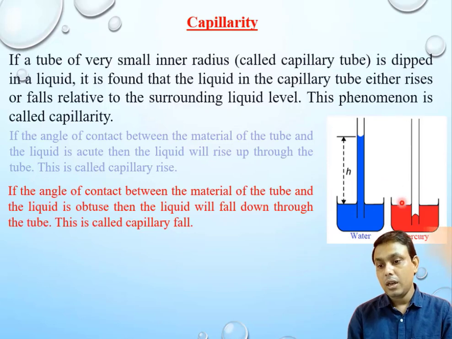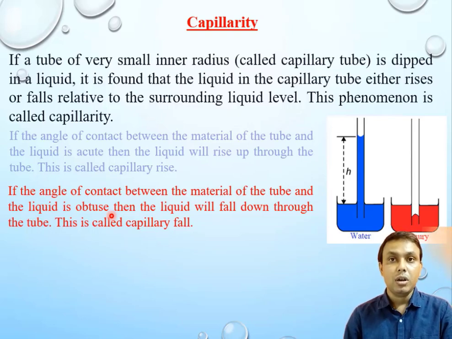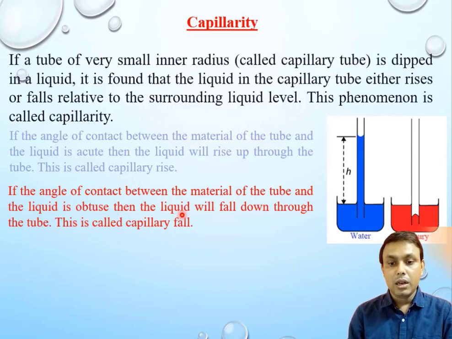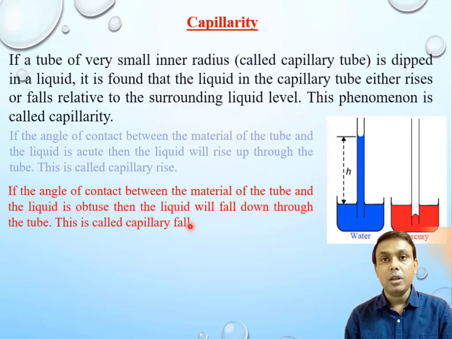Here you see the liquid level has fallen down. When this happens, if the angle of contact between the material of the tube and the liquid is obtuse, অর্থাৎ যখন স্পর্শকোণের মান 90 ডিগ্রির চেয়ে বেশি হয়, তখন লিকুইডটি উপরে ওঠার বদলে নিচের দিকে নেমে যায়. Then the liquid will fall down in the tube. This is called capillary fall.